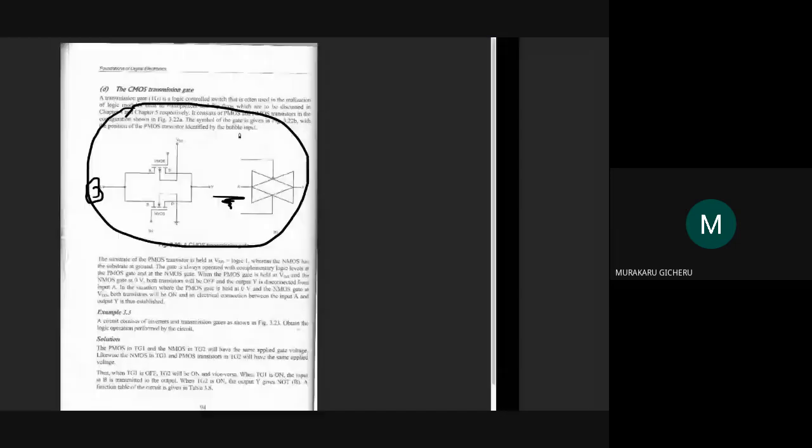So here is our truth table: 0, 0, 0, 0, 0, 1, up to 1, 1, 1. So if we do 0, 0, 0, it means that first of all, we'll have a 0 at this PMOS over here. I'm sorry, I've confused you guys.